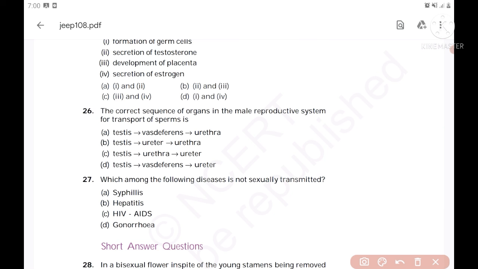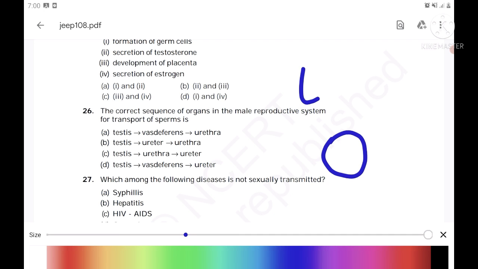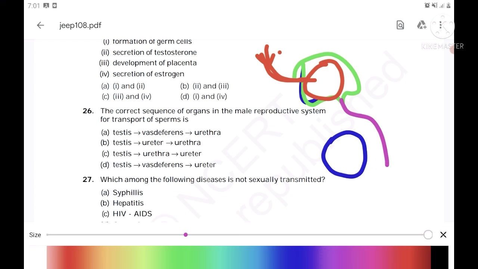Wait, let me make it clear. This is the urinary bladder. I'll put it in a different color. Urinary bladder. And this is ureter. Ureter is nothing but passing the urine from the kidney to the urinary bladder. And next is passing out the urine. From urinary bladder, the urine is passing out through urethra.